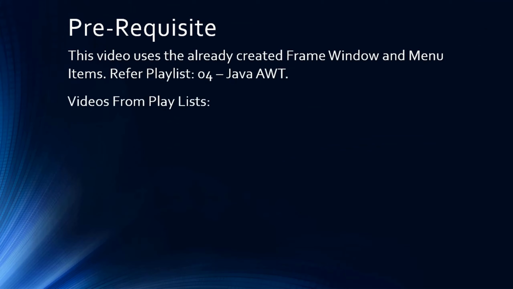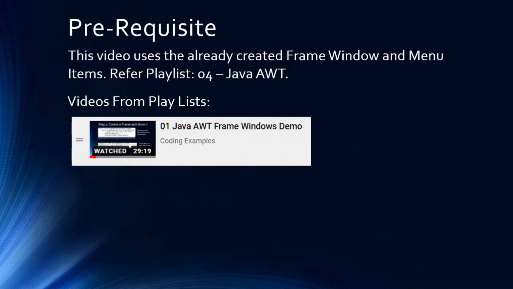So the prerequisite here is the very first video in this playlist. So let us take the window listener. So whenever frame window implements this window listener, we need to implement all the following methods, abstract methods.